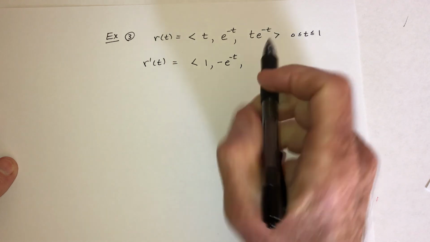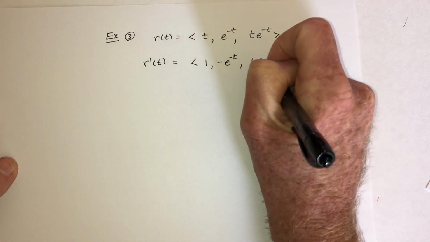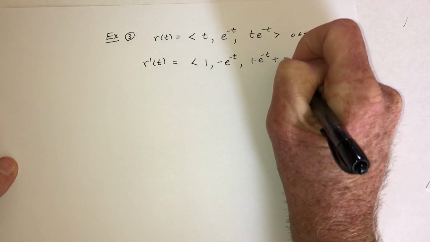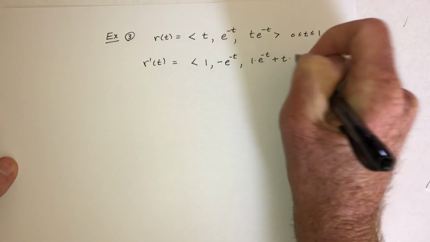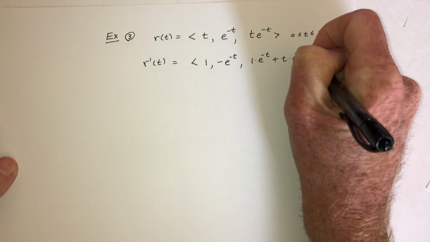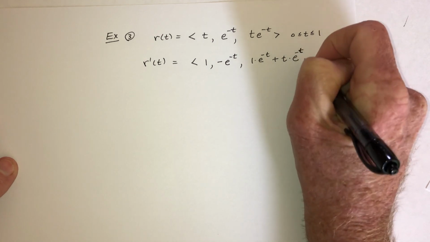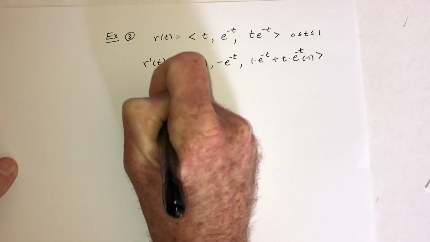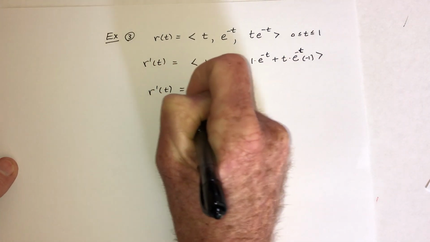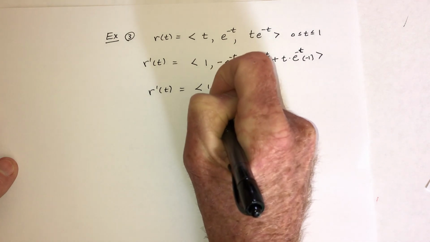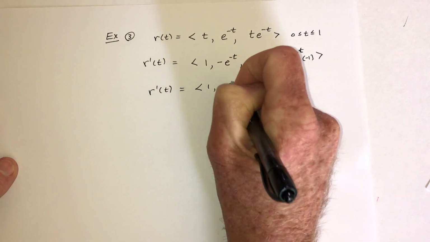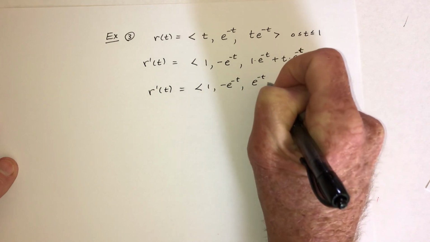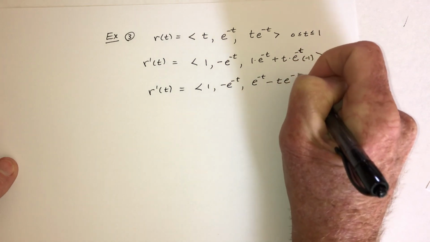So the derivative of t is 1, and then leave e to the negative t alone, plus leave the t alone, and take the derivative of e to the negative t, and then do the chain rule. So that is going to simplify to e to the negative t minus t e to the negative t.